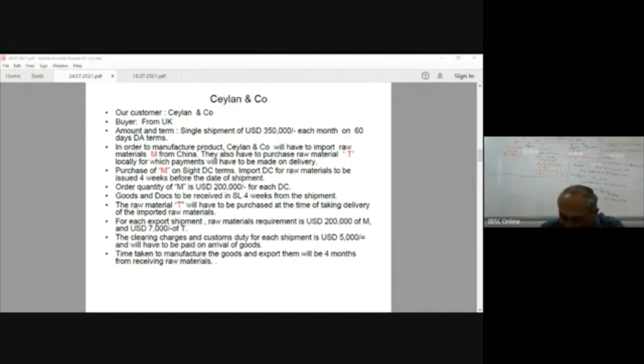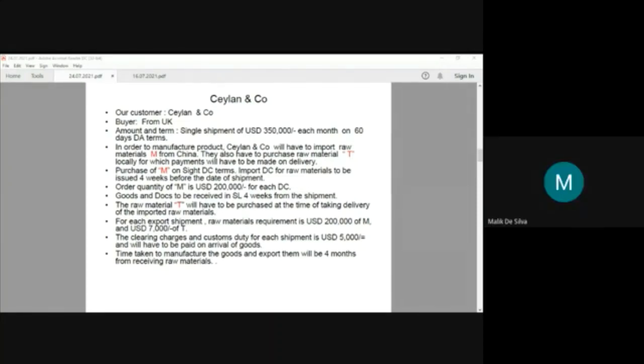Since I'm importing, my shipper will send the goods to be paid after 60 days or 1 month or whatever. It's a contract between the buyer and the seller. Banks are not deciding. Right. Okay.